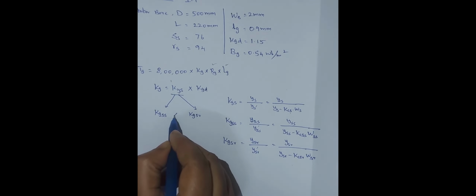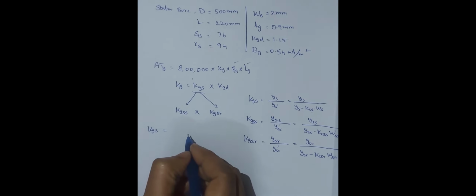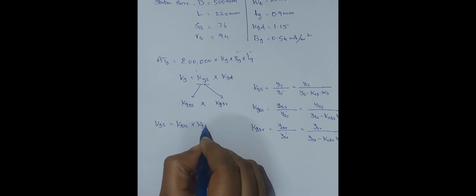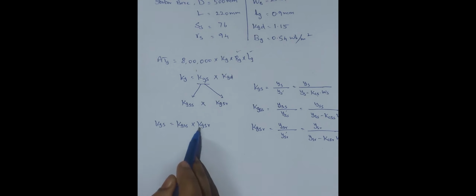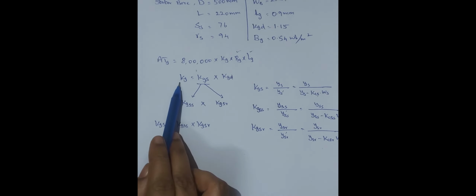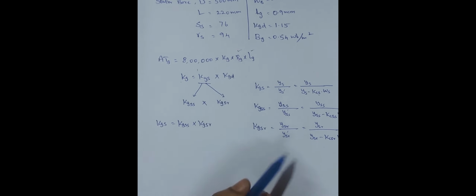Kgs is the product of these two: Kgs is equal to Kgss multiplied by Kgsr. If we find these two, we can find Kgs, then Kg, and then the MMF in the air gap.